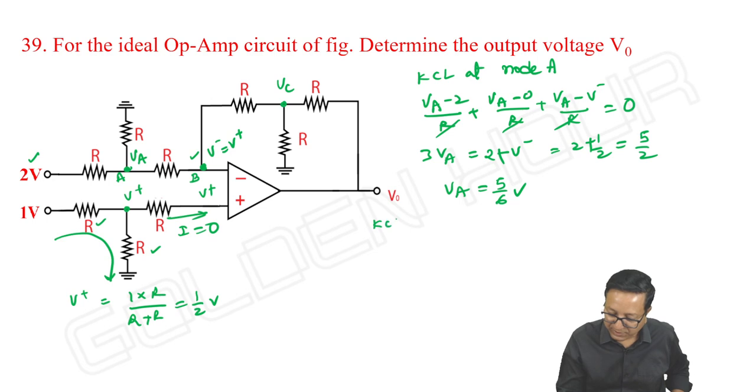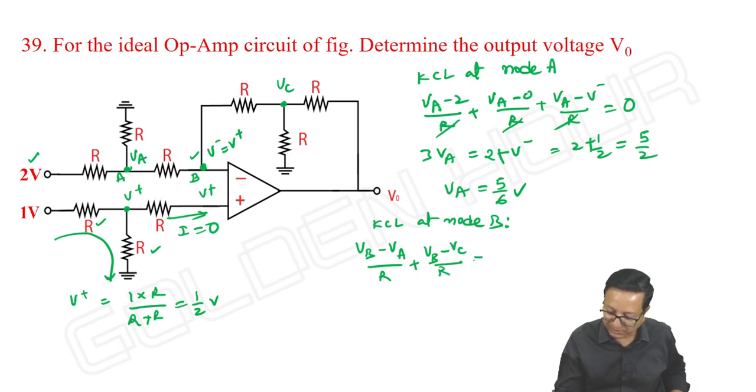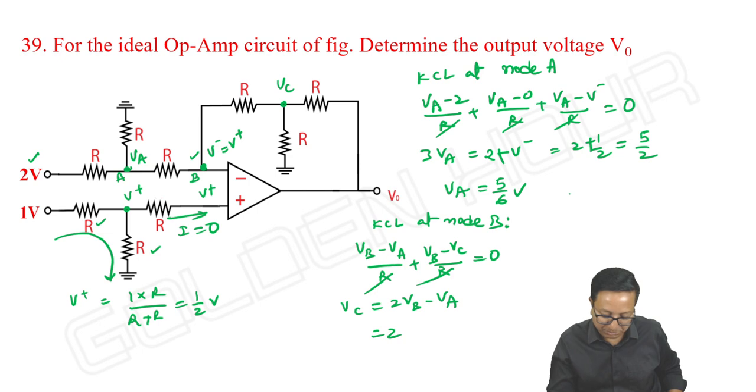So KCL at node B: VB minus VA by R plus VB minus VC by R is equal to 0. R cancels. So VC is equal to 2VB minus VA.